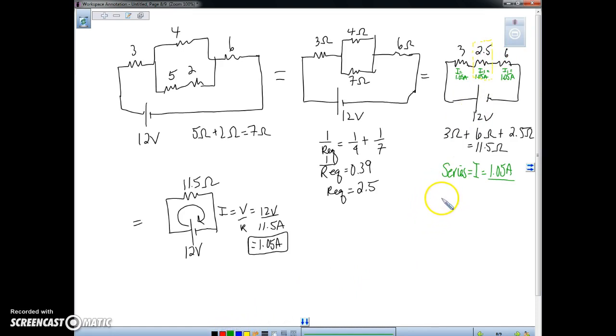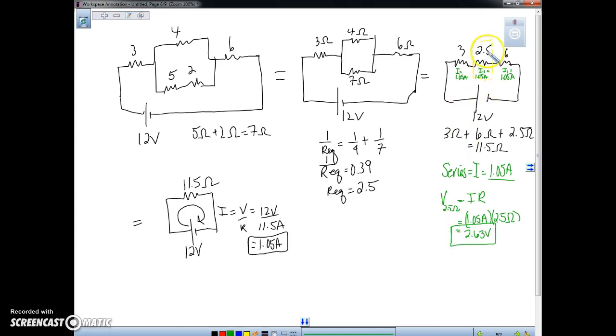I'm going to solve for voltage of the 2.5 ohm resistor by finding I times R. The I there is from previously, and R is the 2.5. So 1.05 times 2.5 gives me a voltage at that location of 2.63 volts.